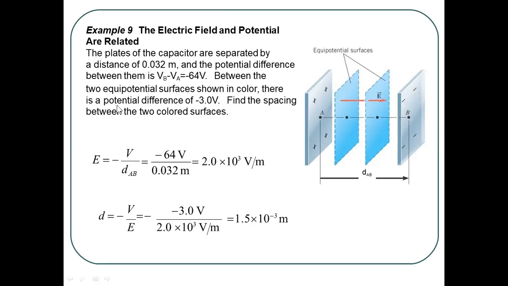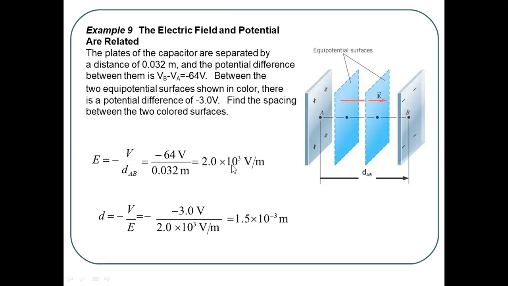Since the potential difference between the two colored surfaces is equal to negative 3.0 volts, we're going to use that value to substitute here as d is equal to negative V all over E, negative of negative 3.0 volts all over the E we had solved earlier, 2.0 times 10 raised to 3 volts per meter.